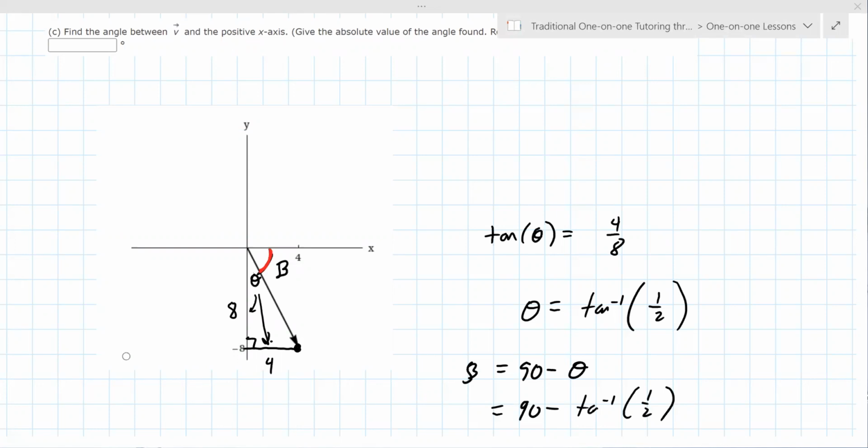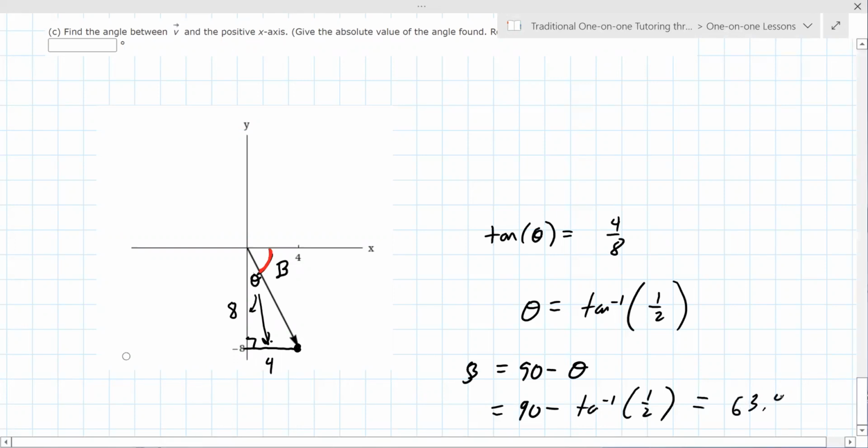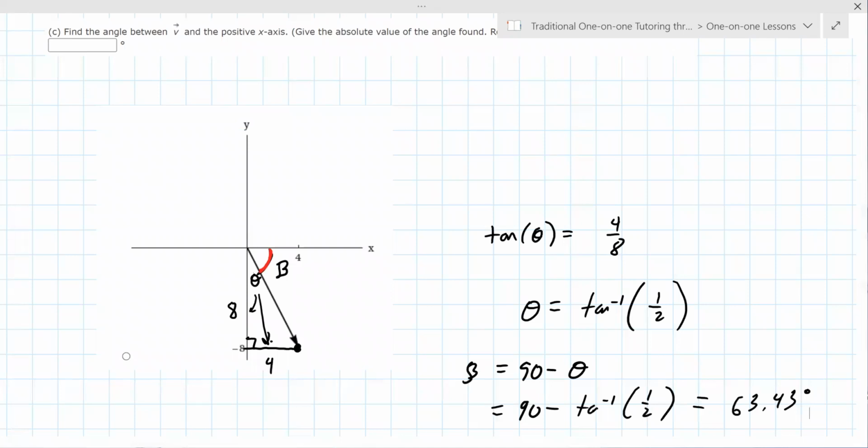Give the absolute value of the angle found. Okay, so it's a rounding problem. 90 minus arctangent of 1/2 is 63.43 degrees.